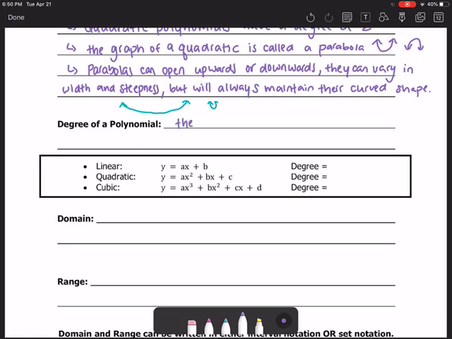Well, it's the largest sum of the exponents on the variables in a single term of that polynomial.